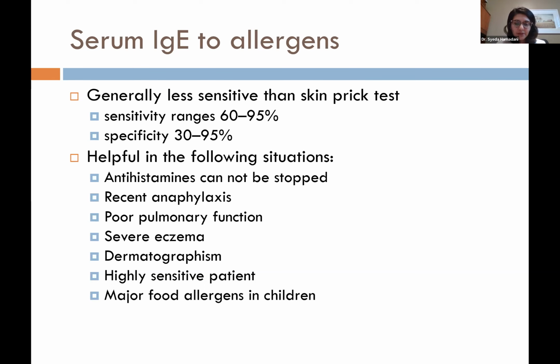Another type of patient that this would be really good for would be for severe eczema. Sometimes it's just hard to have any patches of skin where you can actually do skin testing because their skin is covered with eczema, and that would be a really good candidate for blood work instead.